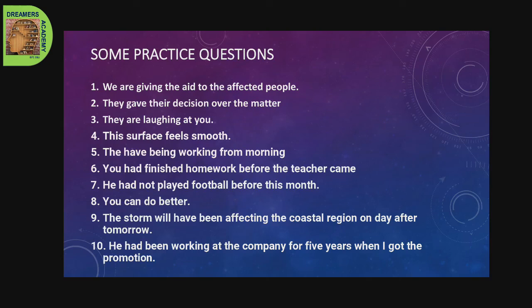And if you are converting it into the passive voice, where there is use of has, have or had, you should use been in the passive voice after has, have or had.